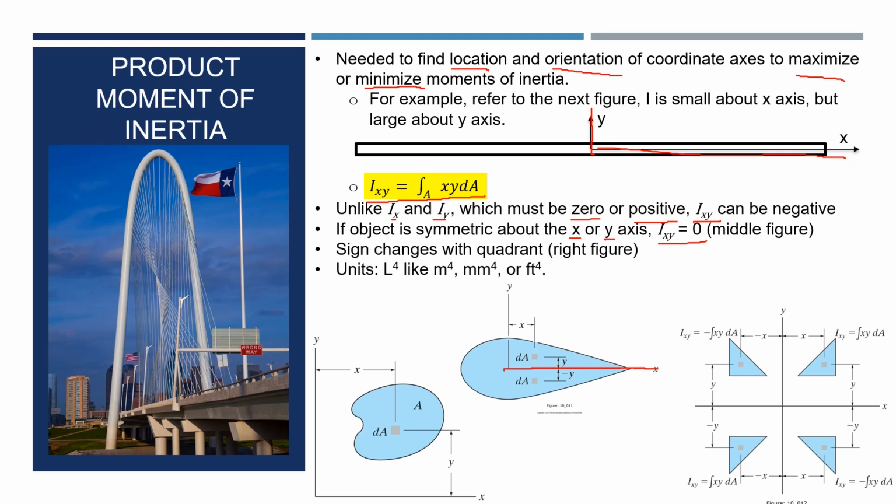This sign changes with the quadrant. So this drawing illustrates that the integral xy dA will change sign depending upon which of the four quadrants it's in. And units are length to the fourth, meters to the fourth, millimeters to the fourth, foot to the fourth, just like Ix or Iy.